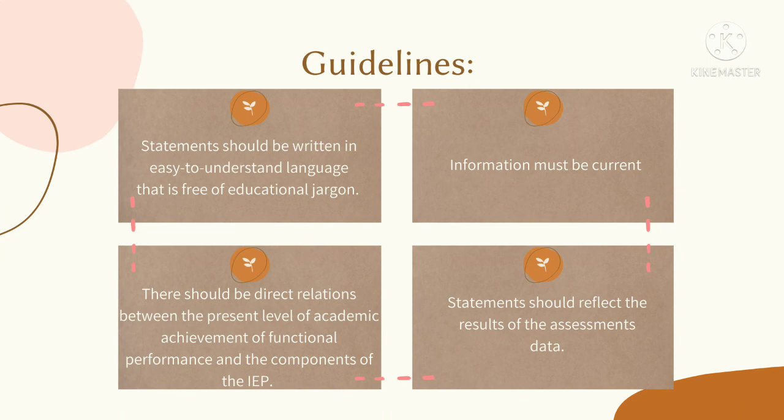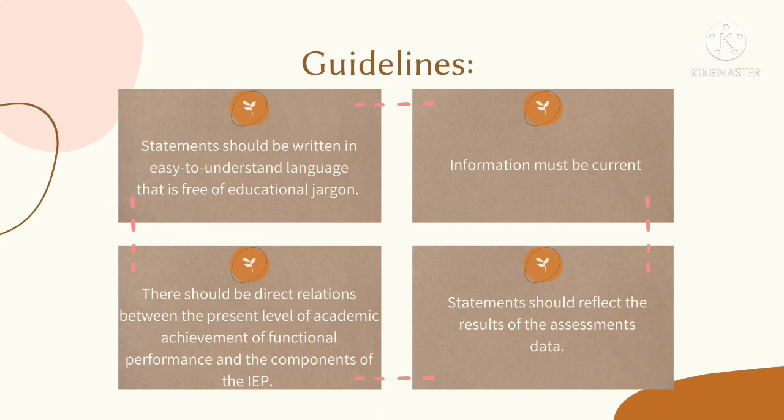Finally, for the guidelines that should be followed in developing the statement of the present level of academic achievement of functional performance, or what we call PLAF: first, statements should be written in easy to understand language that is free of educational jargon.